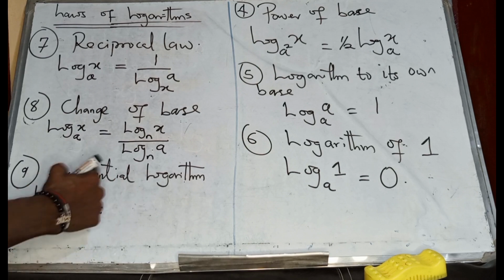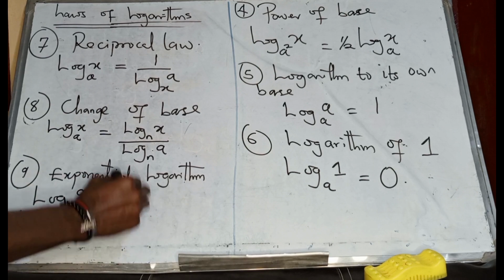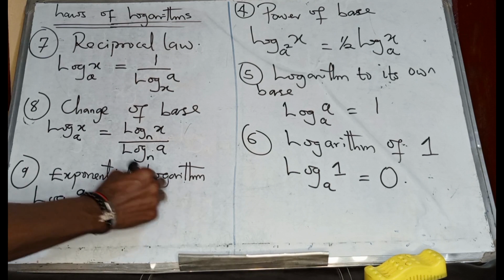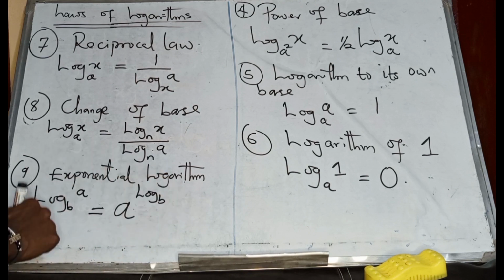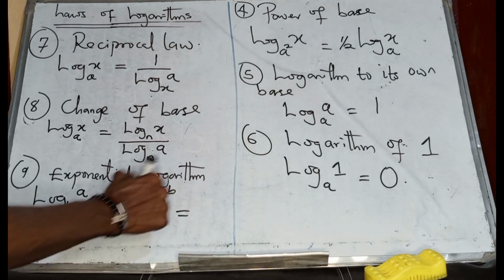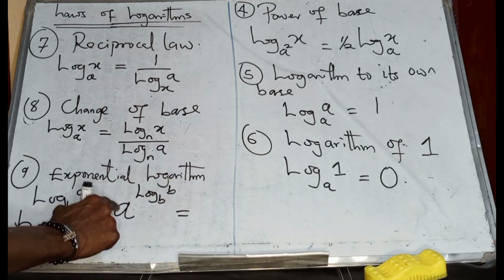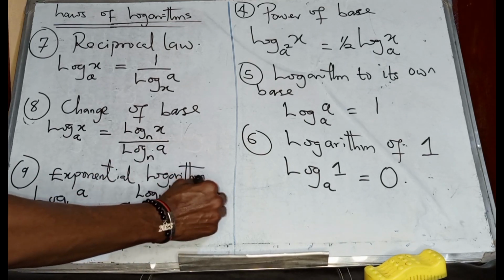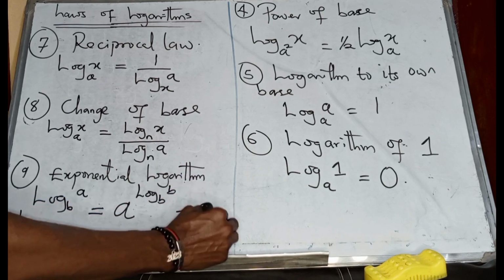There will be a swap and exchange, so this becomes a, then log of b to the base of b, and definitely logarithm to itself is 1, a raised to the power of 1 is a, and here we'll end up having a.